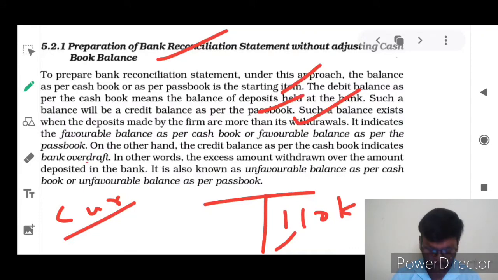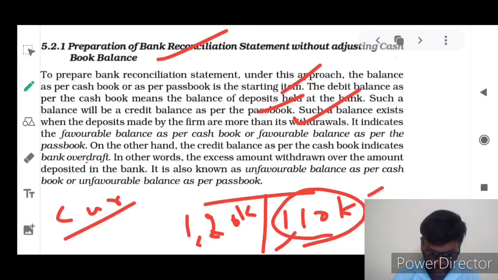You opened and are running your business, and your business immediately wants 1 lakh 20,000 rupees to buy machinery for your company. Can you get 1 lakh 20,000 from the banker? Yes, of course you can, but the actual amount available in the bank is 1 lakh 10,000. Who will give 10,000 extra to you?